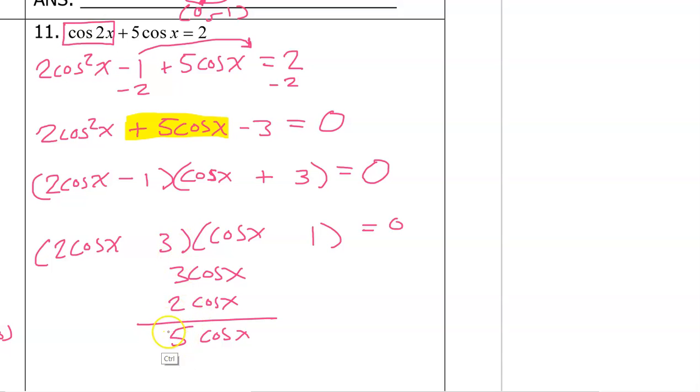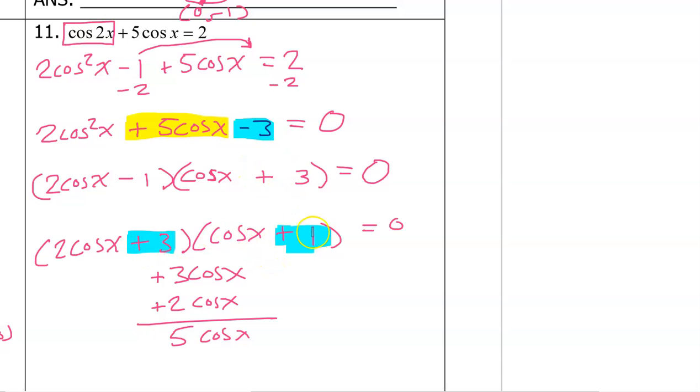To get a positive 5, all I have to do is leave this as positive and leave this as positive as well. That would mean that both of these would have to be positive. But here's why this is wrong. You always have to take one additional step and make sure that when you multiply the constants, if I do positive 3 times positive 1, is that going to give me negative 3?